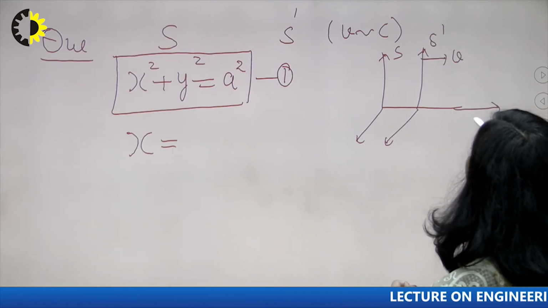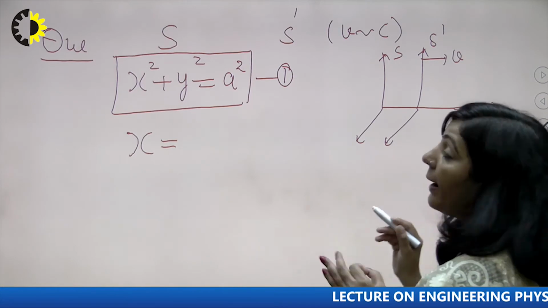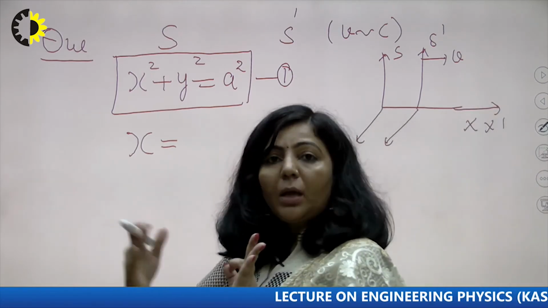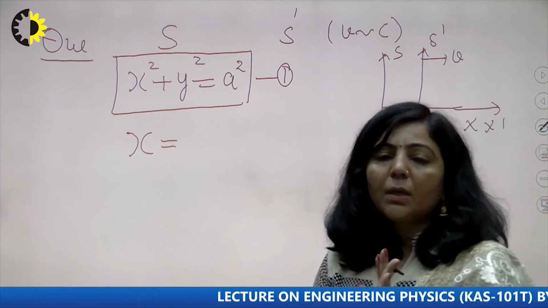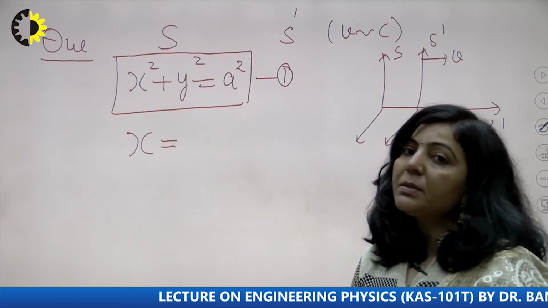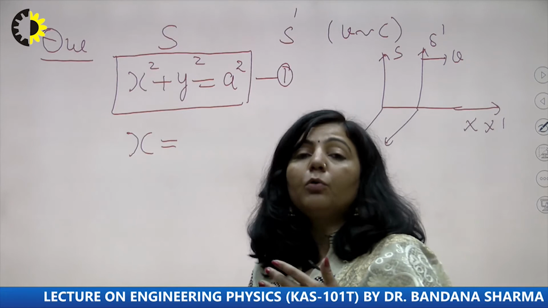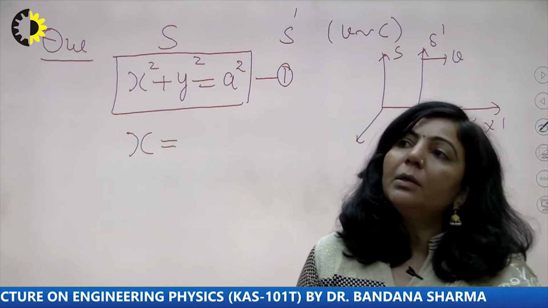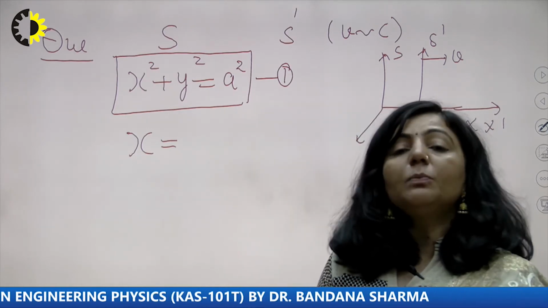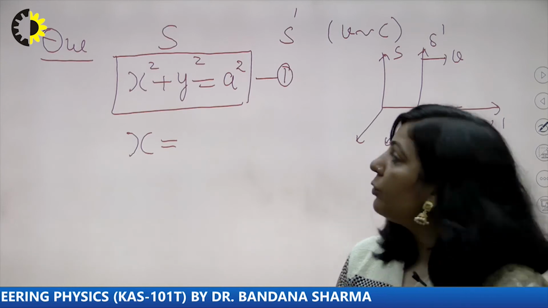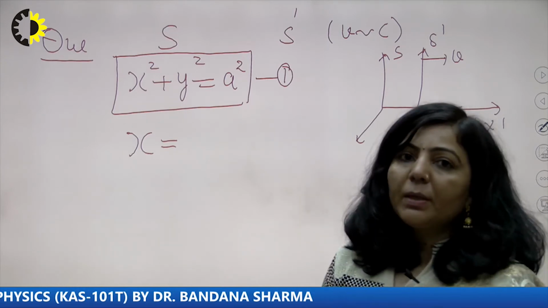If the movement is along the x-axis, then the contraction will take place only along the x-axis. The y dimension will remain the same, because we have already learned in the concept of length contraction that the contraction takes place only along the direction of motion and other dimensions remain the same.